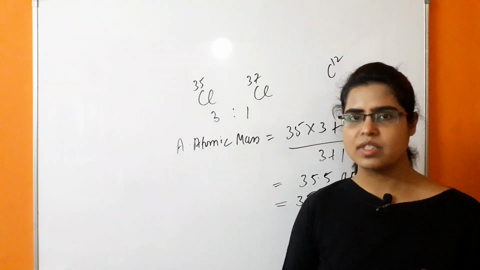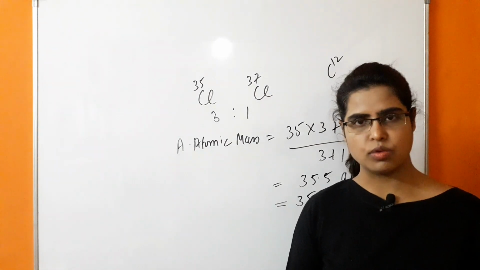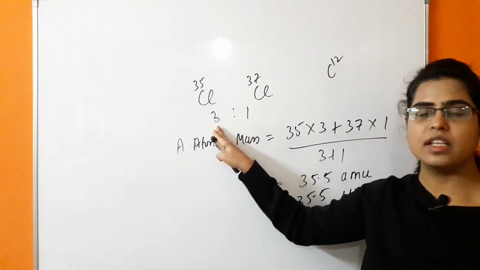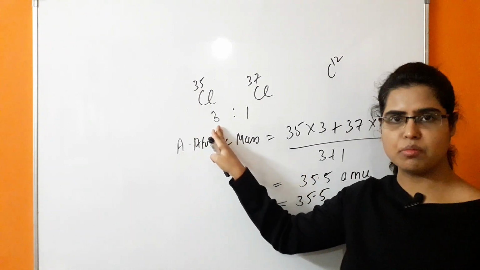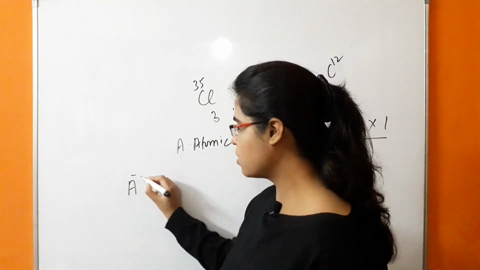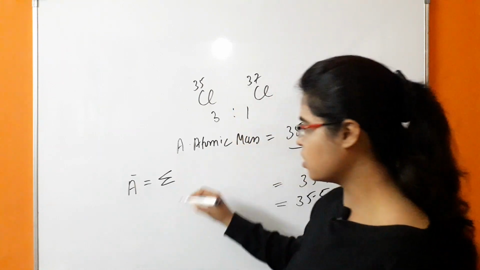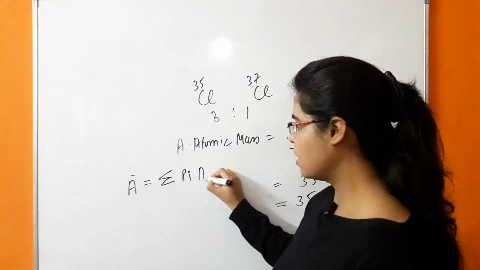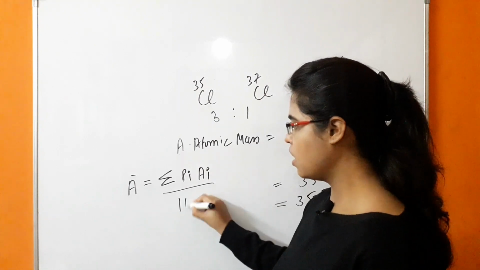If the isotopes are given in the form of percentage in the question instead of a ratio, then the formula used for determining average atomic mass is: average atomic mass is equal to summation Pi Ai upon 100.